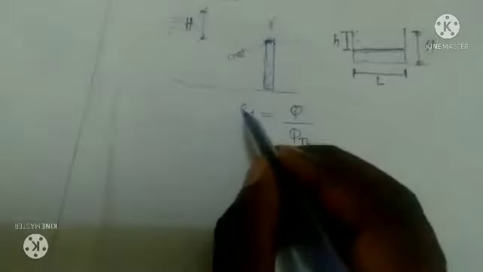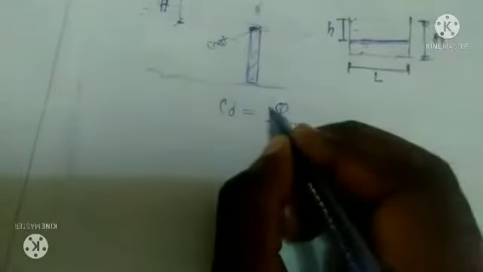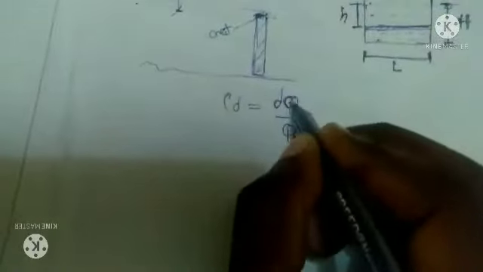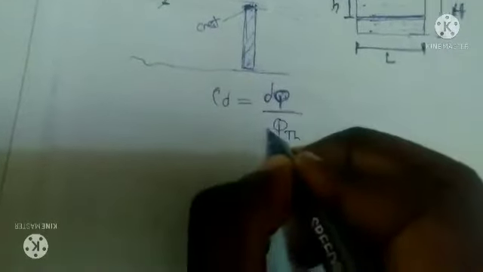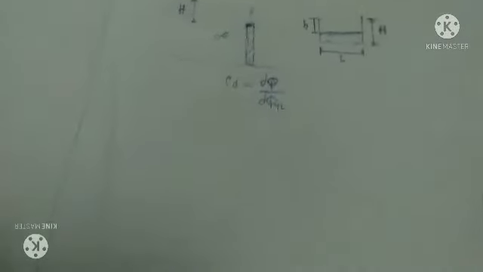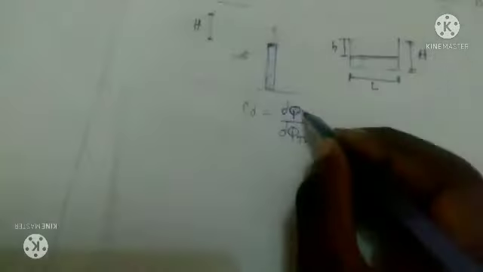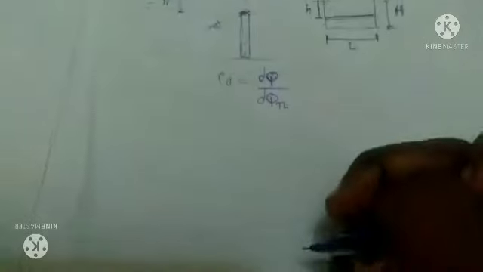It means the coefficient of discharge is equal to the change of actual discharge over the change of theoretical discharge. So it's delta Q over delta Q theoretical. This is the actual discharge and this one is the theoretical one.